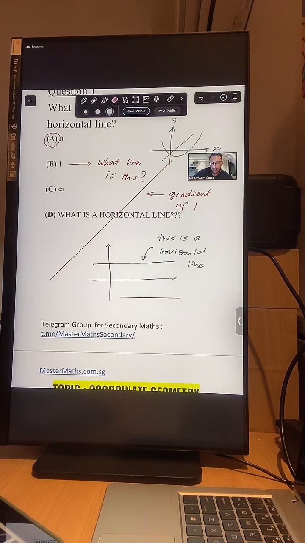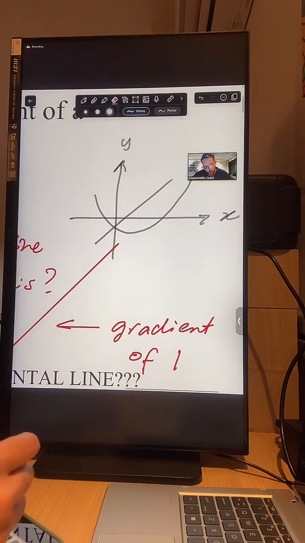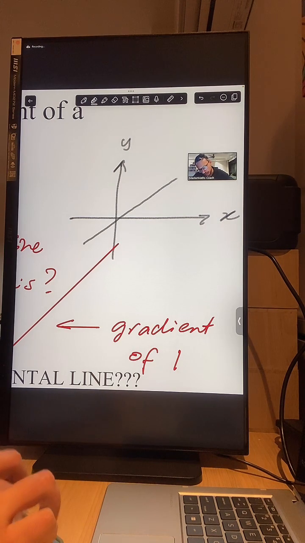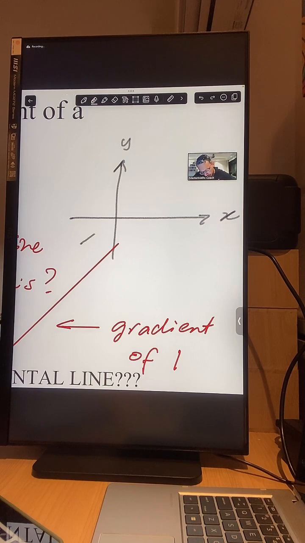Going back to this thing here, let me remove this curve. If I were to have a line that cuts across the origin like this, it creates a 45 degree angle with the x-axis.